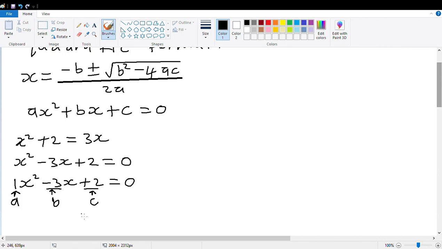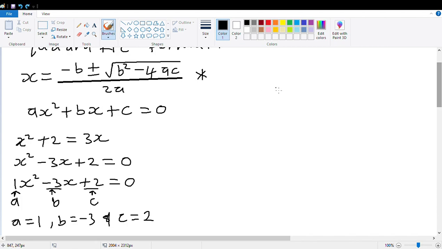So the value of a will be equals to 1, the value of b equals to -3, and lastly the value of c is equals to 2. So since we have the values of a, b and c, we can simply substitute them into the quadratic formula.